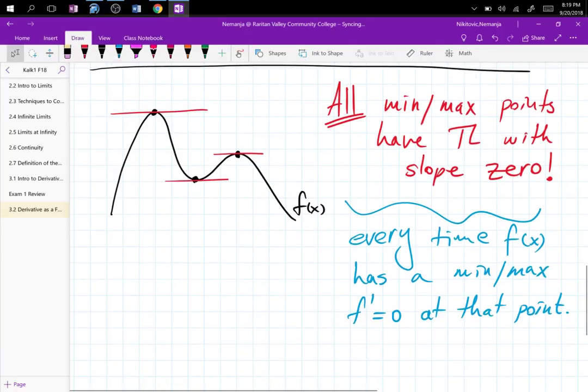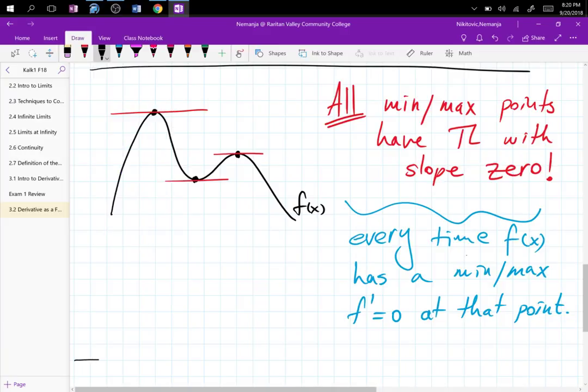So anytime you have a min or a max, and we're going to come back to this concept many times in chapter 3 and chapter 4, which will include a lot of word problems, at least 2 sections of word problems will depend on this, and then another 2 sections in chapter 4. So we're looking at at least 4 or 5 sections that will be based just on what I wrote in your view right now. So make sure you understand this and make sense out of it.